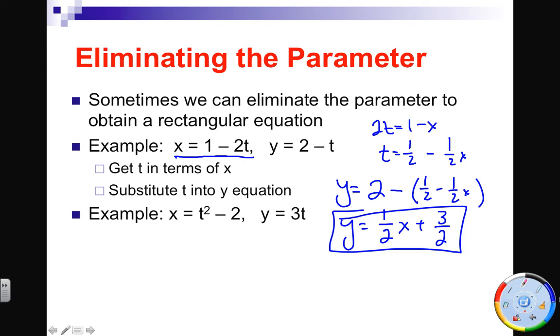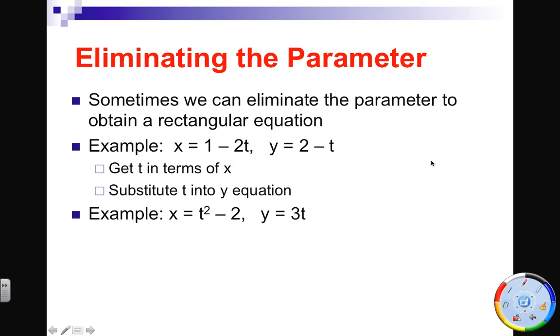What about this next one? Same idea. I want to eliminate the parameter. So let's just keep going with the same theme here. Let's get t by itself with the x. So I get t squared equals x plus 2.